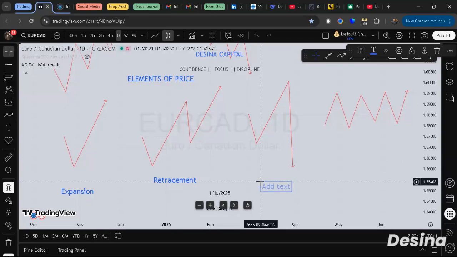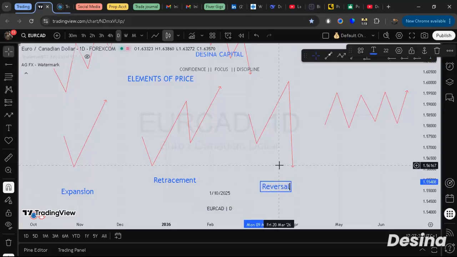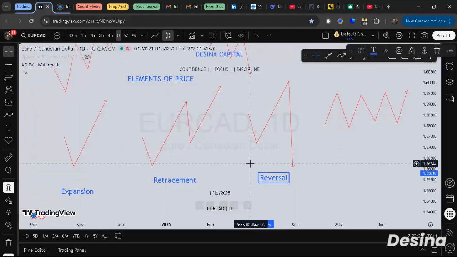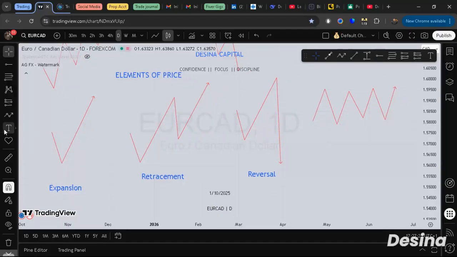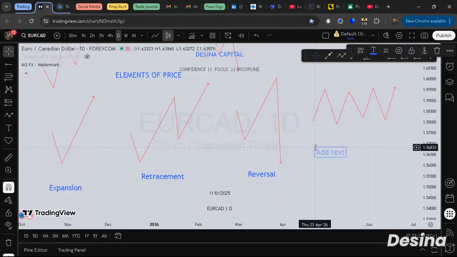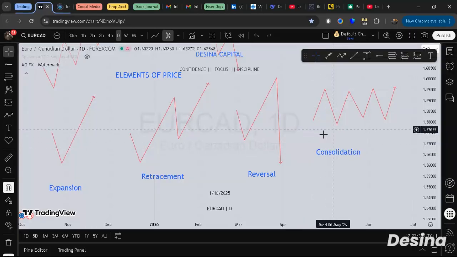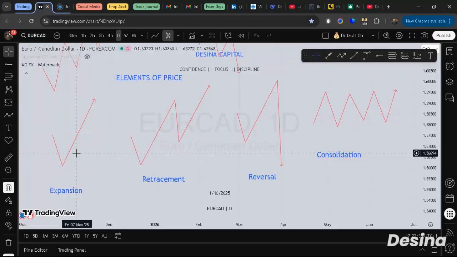This right here is going to be a reversal. And the last one is going to be consolidation. So these are the four things: expansion, retracement, reversal, and consolidation.